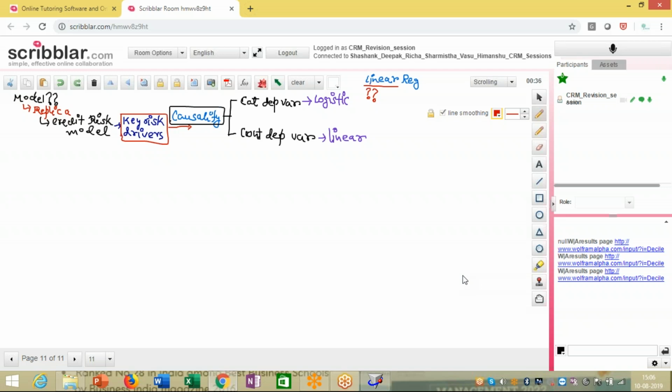And that is why you can use a straight line to approximate the relationship between two variables. So this is why we write it as y equals a plus x. Correct. Absolutely correct.